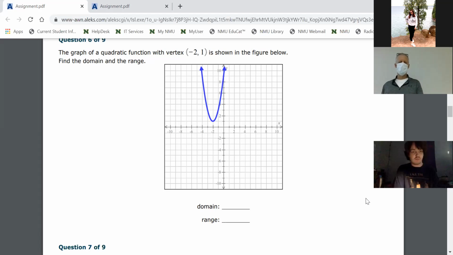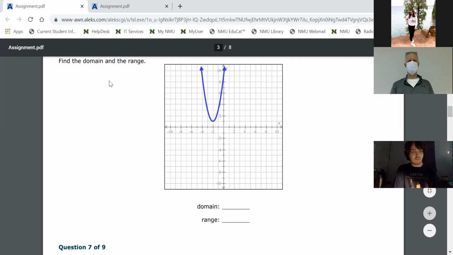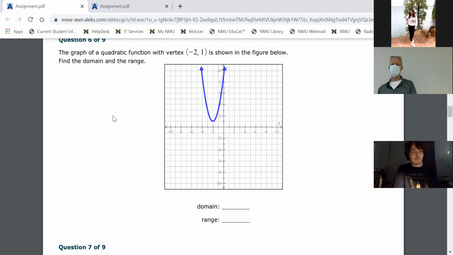It says to find the domain and range. The domain is your input values, your x values. The range is your output or your y values. Now, I wish I could write over the top of this with my computer program, but because we're Zooming, I can't do both simultaneously. I can only do it if I'm not Zooming. But I'll write it down on the pad in a minute.